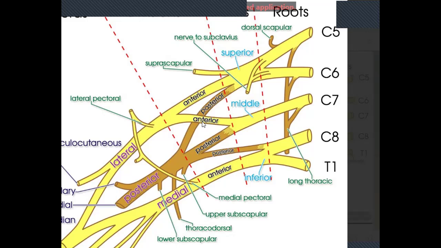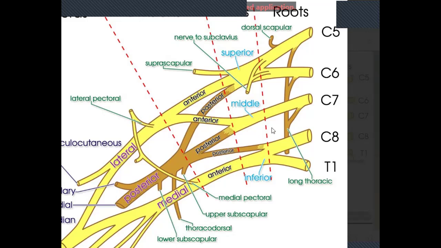All the posterior divisions from the upper, middle, and inferior trunks unite to form the posterior cord, named for its relation with the axillary artery. These cords then give branches which supply the upper limb.